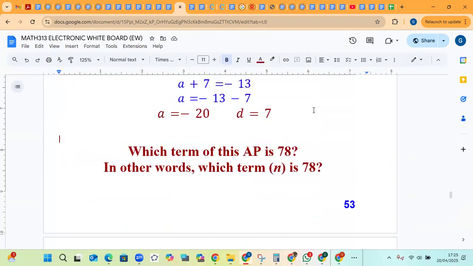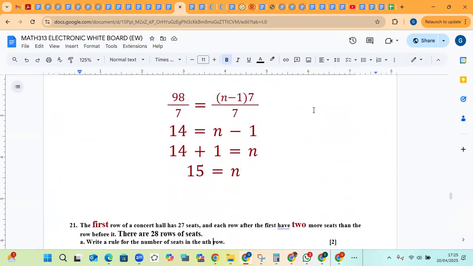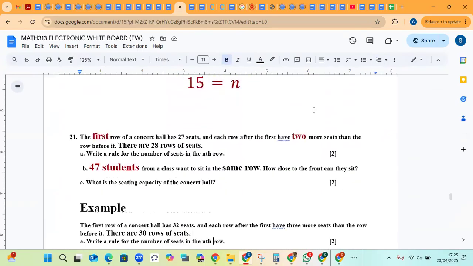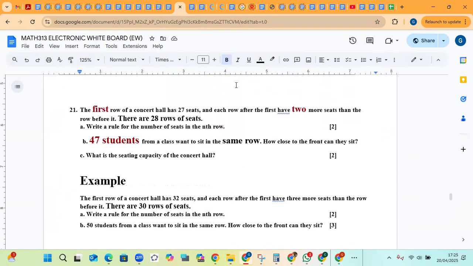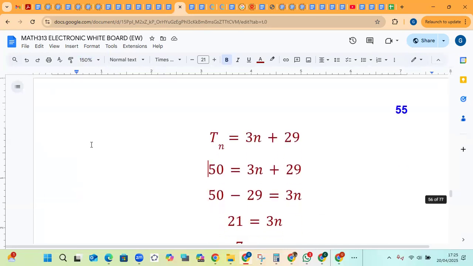Similar to it, we're looking for question number 21. So here it is. The first part says write a rule for the number of seats in the nth row. So let's see where part A was done.